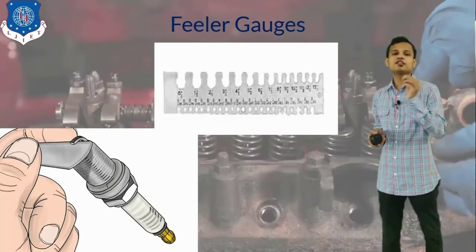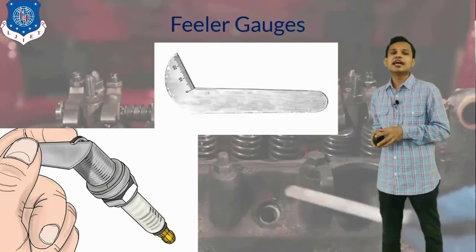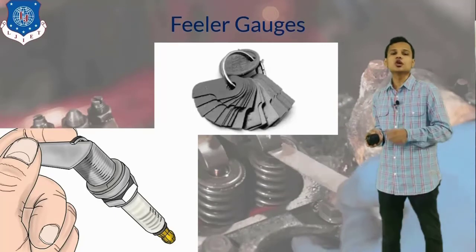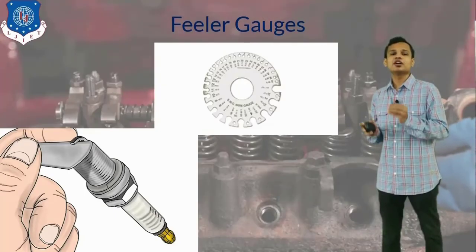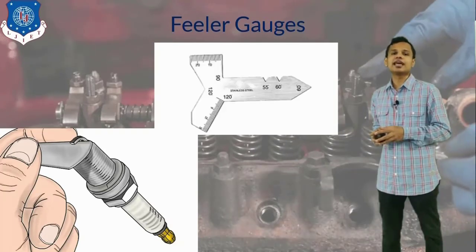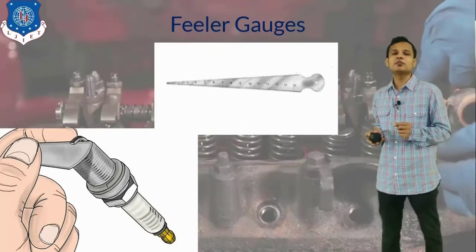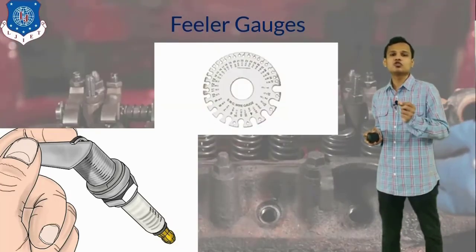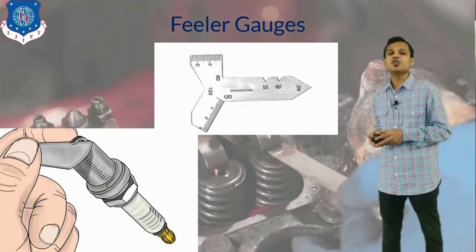If the spark gap is too much, then the intensity of the spark will be reduced, and if the spark gap is too low, then there are chances of a short circuit in the spark gap, and because of that uneven starting of the combustion can happen. So to avoid that, the spark gap needs to be measured between the two electrodes, and that can be measured with the help of the feeler gauge.